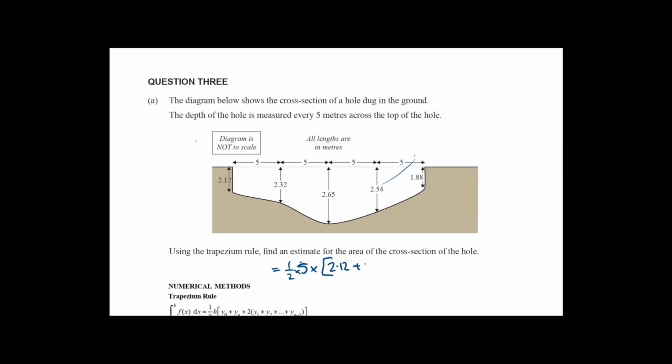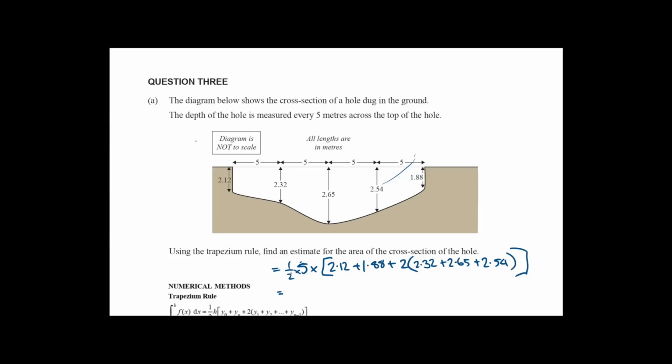The last one is 1.8, plus 2 times brackets inside the bracket. The first one is 2.32. The second one is 2.65. The third one in there is 2.54. Close brackets, close big brackets.